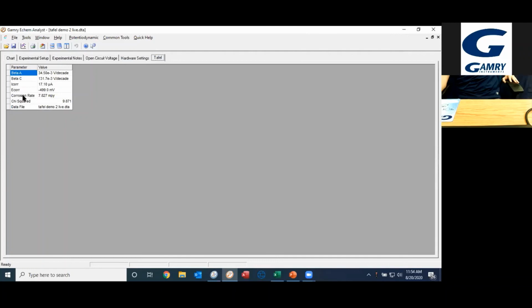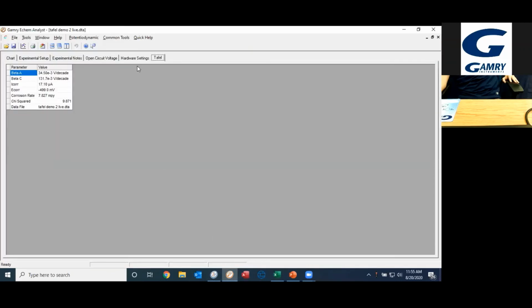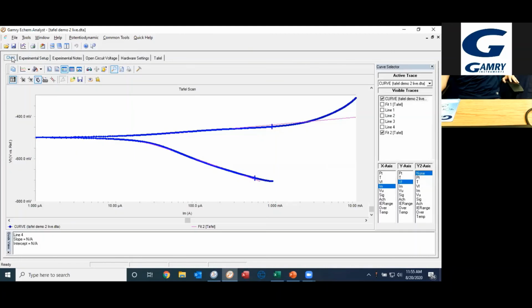It's also going to give you the one thing I didn't throw up, essentially the goodness of fit, your chi-squared value right here. It gives you all the values, the same ones that I plugged into Excel, a little bit larger and easy for you to see, to use for the comparison. But that's how you make your fit, just as simple as that.